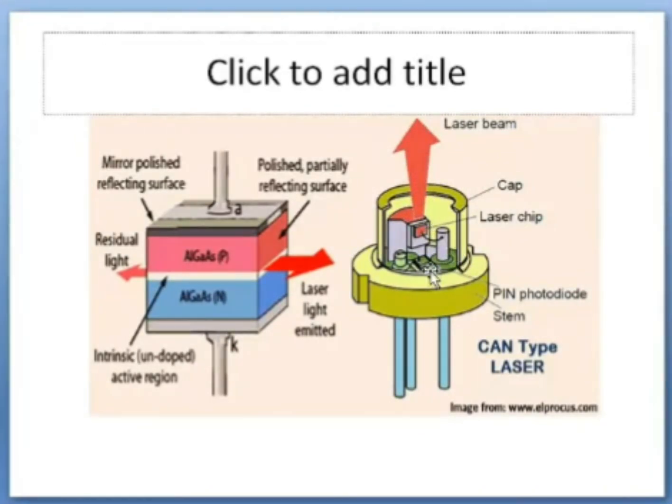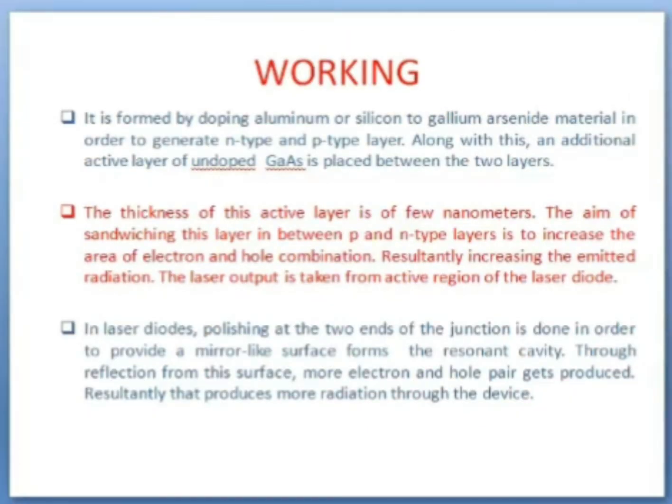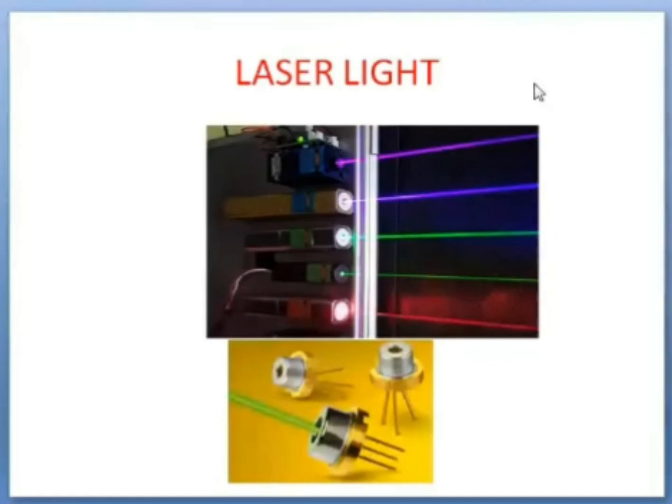The chip is here; you can see the red rectangular portion. That is the laser chip, concealed in one container can, and the leads are extended out downwards. Now I have explained the operation and physically how it looks.